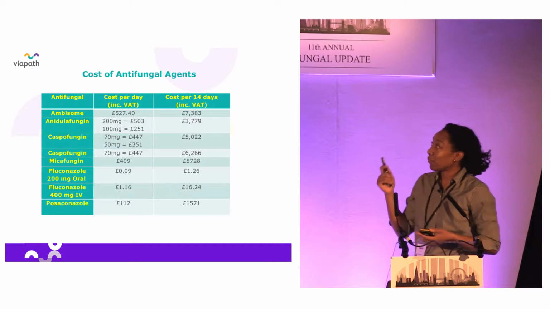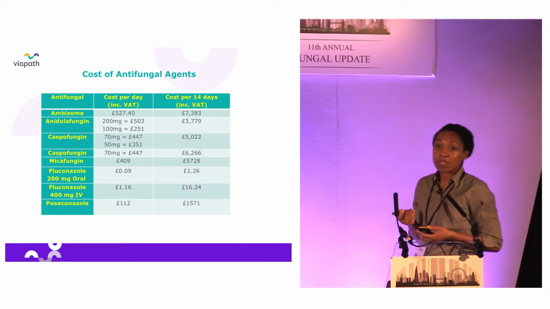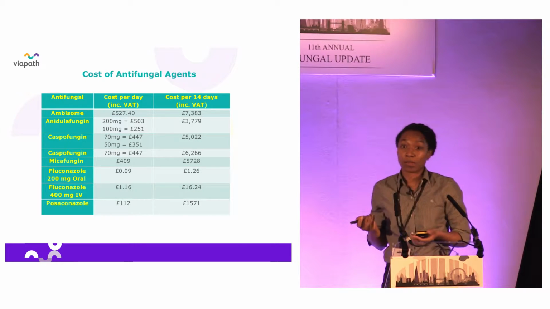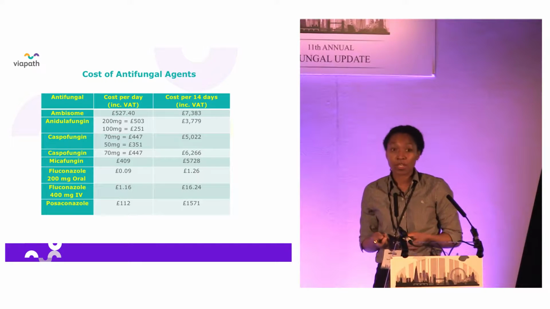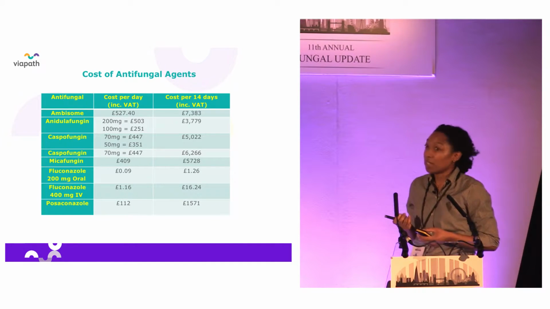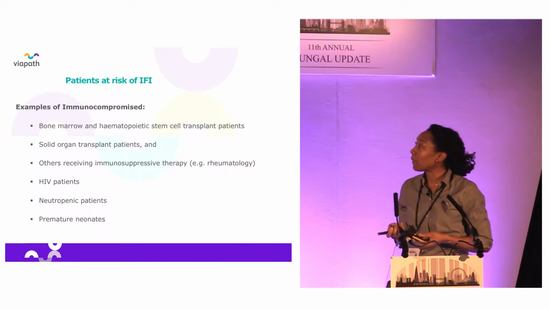And if we go back to the multiples of 7, 14-day treatment will cost over £7,000. So it's important to have appropriate diagnostics in order to proceed with useful treatment for the patient.